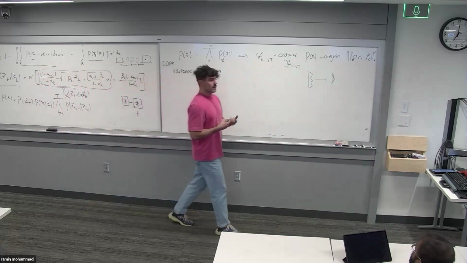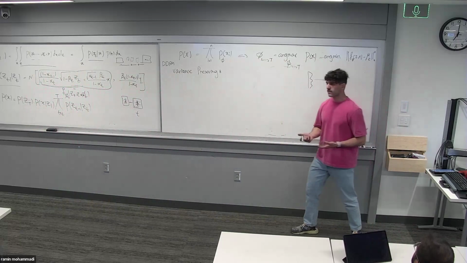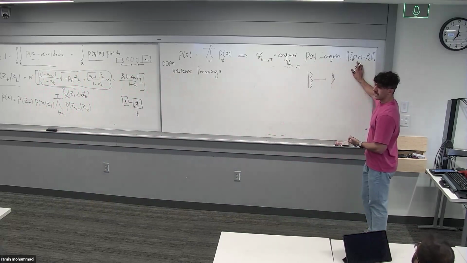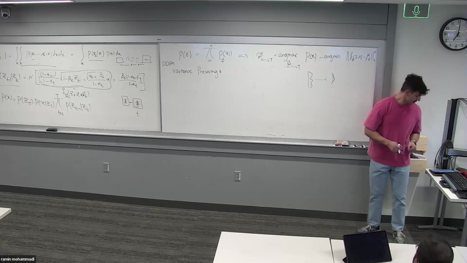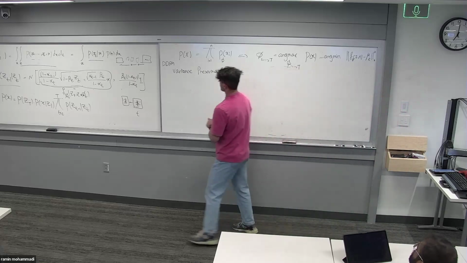So what happened is that the next version of the diffusion, when it came out, said that instead of focusing on this, let's focus on the noise concept. And this becomes the denoising version technically.